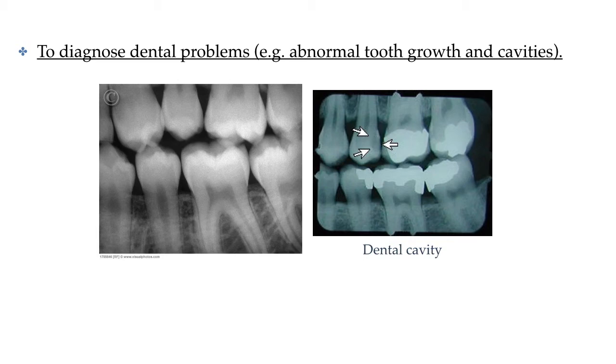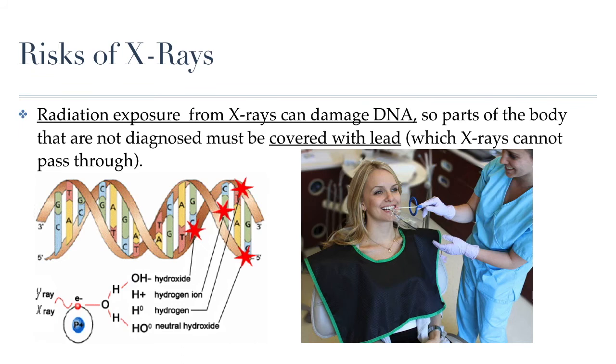So let's talk about now the risks of X-rays. Obviously the main risk with X-rays is something called radiation exposure, because X-rays are a type of radiation. They're a type of light ray that has a very high energy wavelength, which can cause damage to DNA. And so that's the main reason why we protect ourselves when we get an X-ray taken.